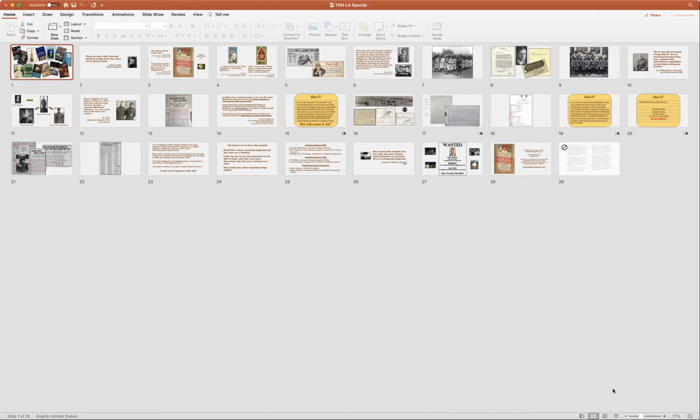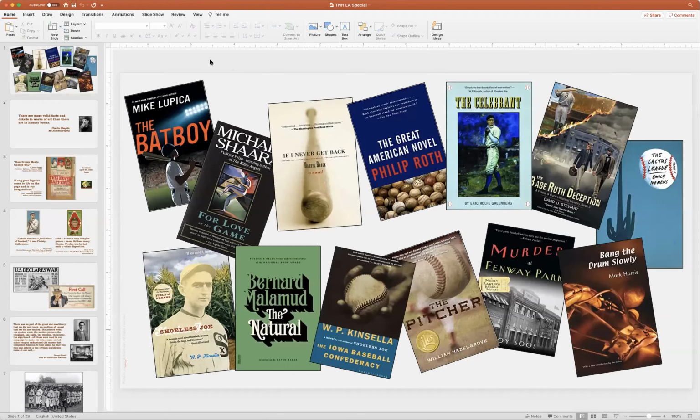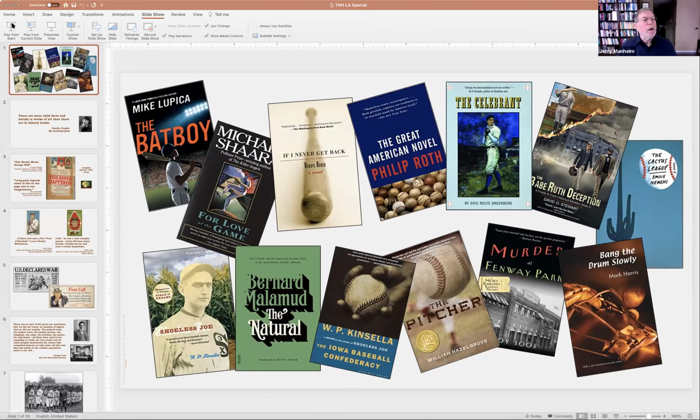It's a PowerPoint, and usually it runs. Slideshow ought to do the trick. There we go. Now you have it. Now let me try slideshow off of this screen. Is that working? We're seeing the books. Well, that's good enough. Okay, if you're seeing about a dozen books, we're on the slides. Right. Okay.